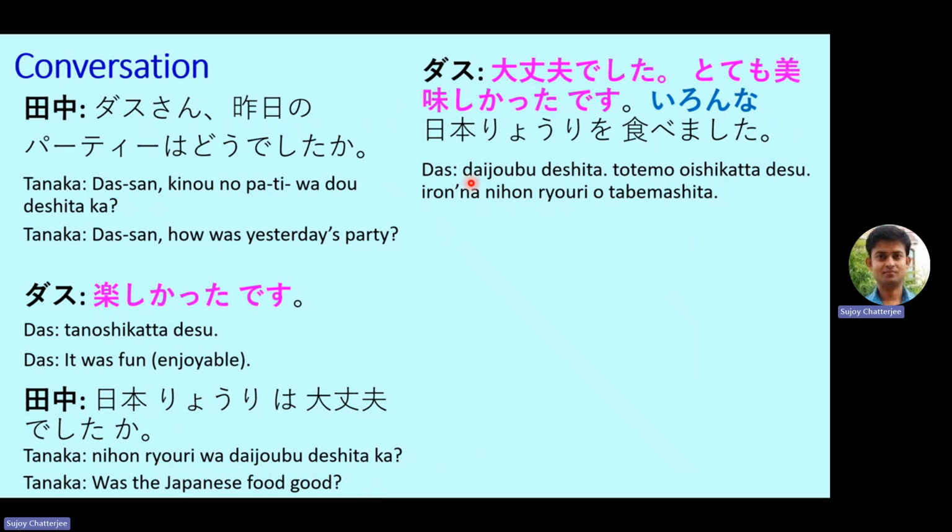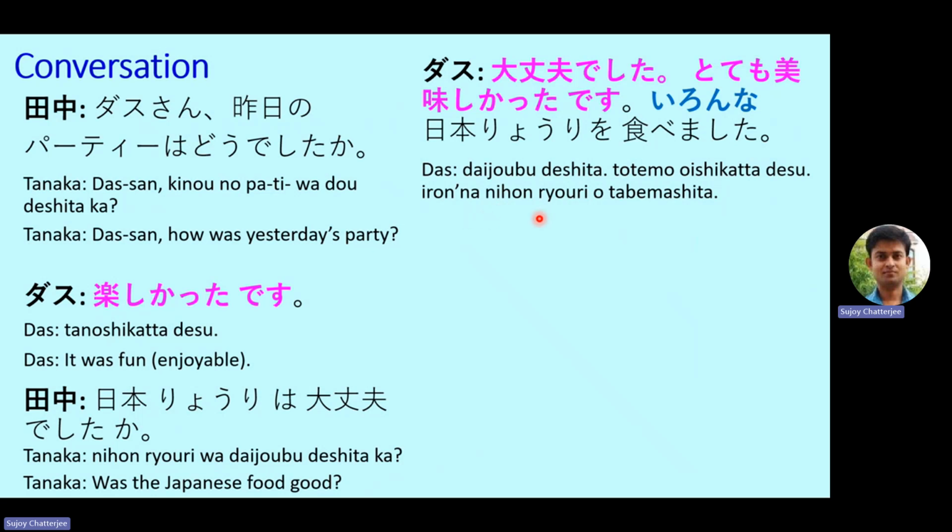So it's yes, it was good. Totemo oishikatta desu. Totemo means very. That means this is an adverb. Oishikatta is the past tense of oishii, which is delicious. That means it was delicious. As I said, even adjectives have these past forms in Japanese. So oishii becomes oishikatta. It was very tasty.